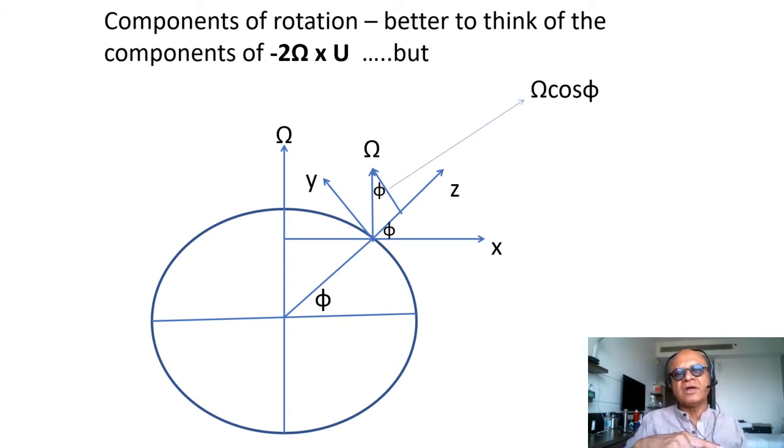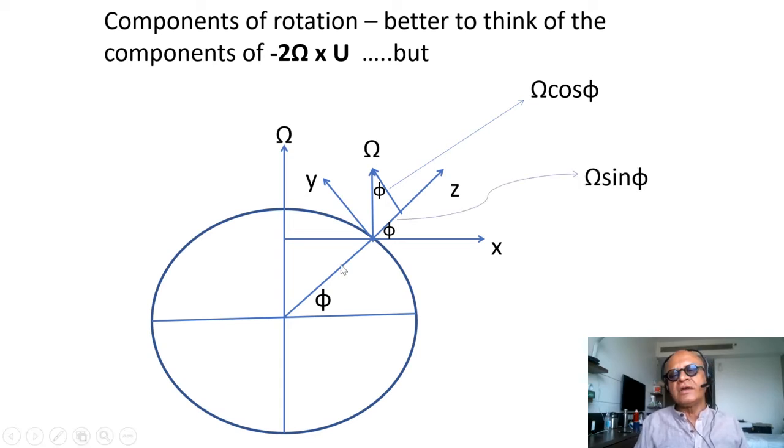It turns out, if you just remember that Coriolis pushes things to the right of the direction of motion in the northern hemisphere, then you can see that this component will produce a vertical Coriolis effect, which is in the same direction as gravity, and it turns out to be about 1,000 times smaller. So for all practical purposes, we just ignore the omega cosine phi part of the local Coriolis effect. We will see this in a little bit more detail later on.